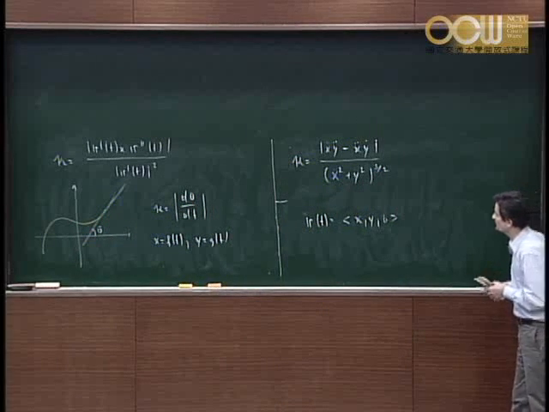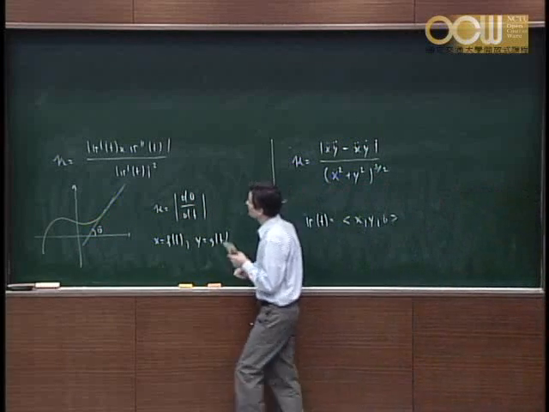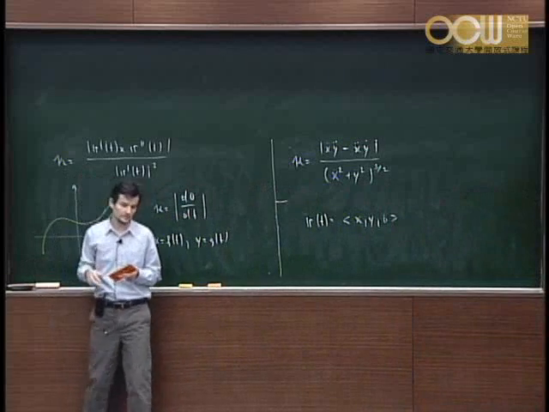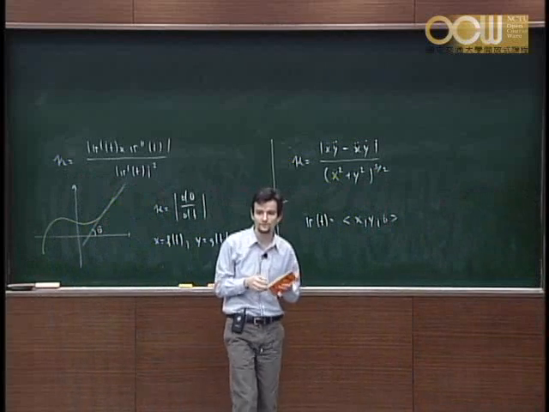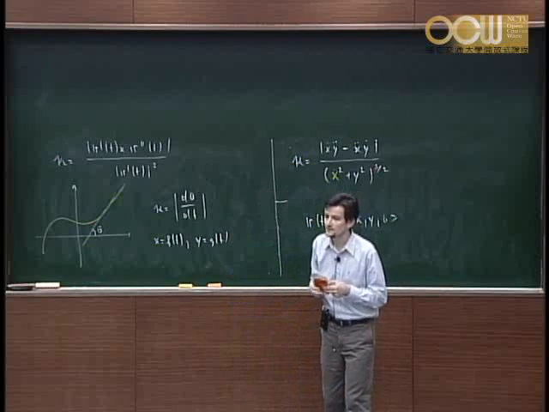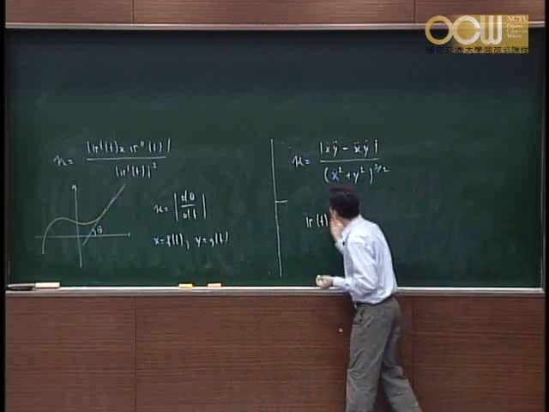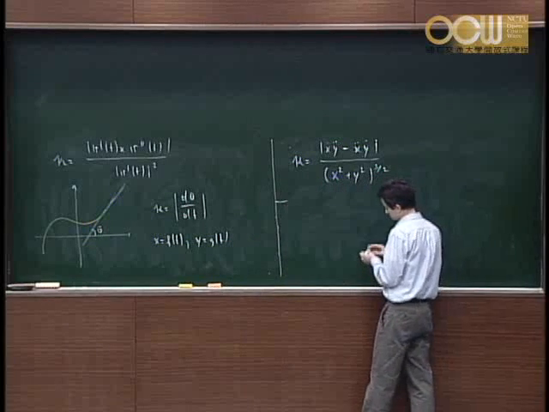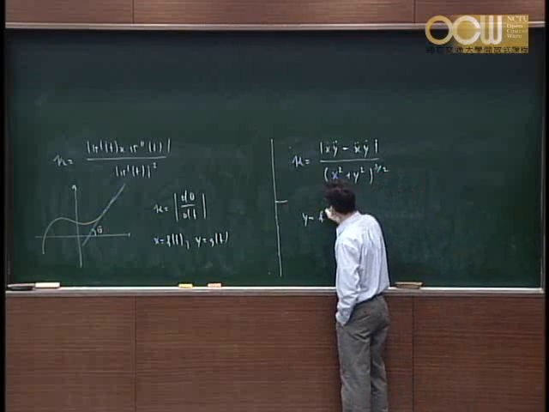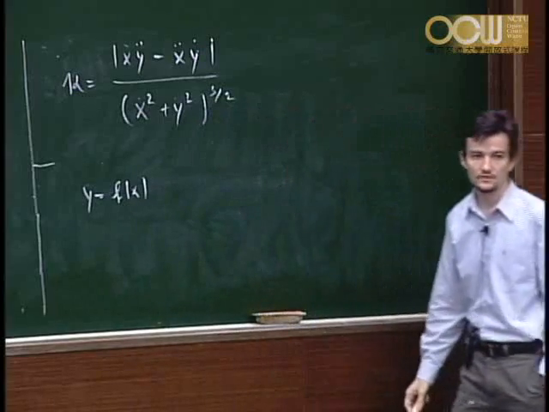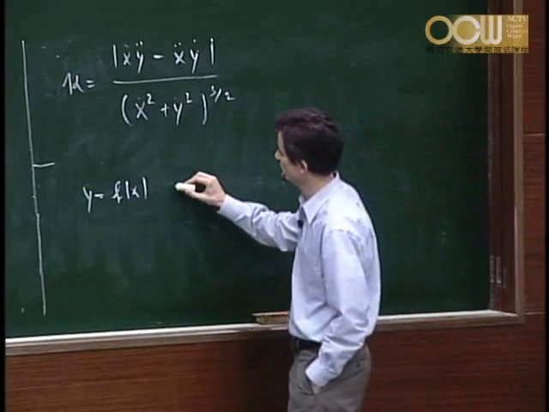And of course I can also use this formula or this new definition of the curvature to figure out what is the curvature of a graph of a function, as discussed last semester. So if I have a usual function like this here, I can interpret this as a vector function.